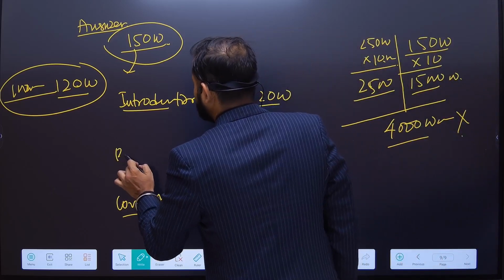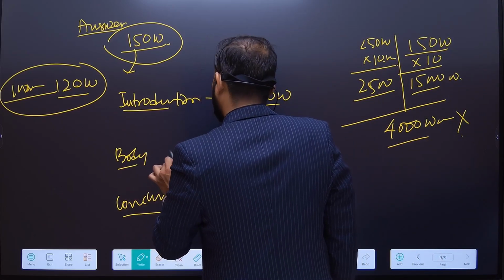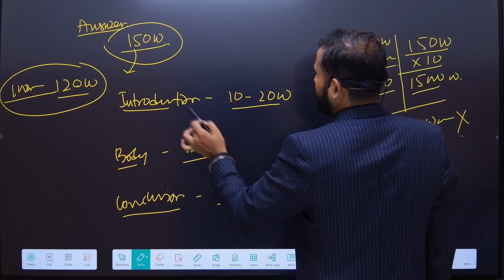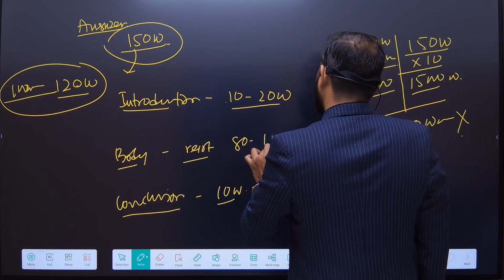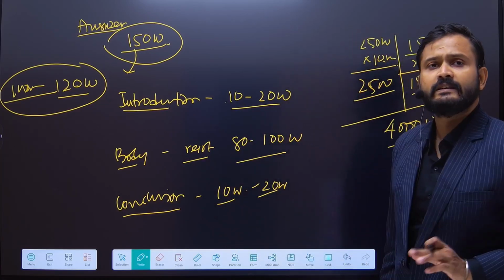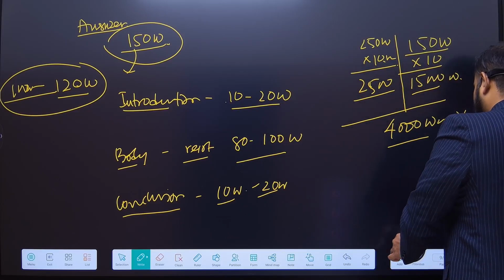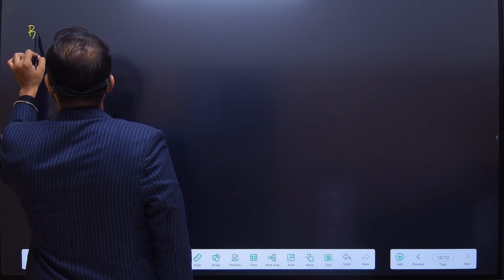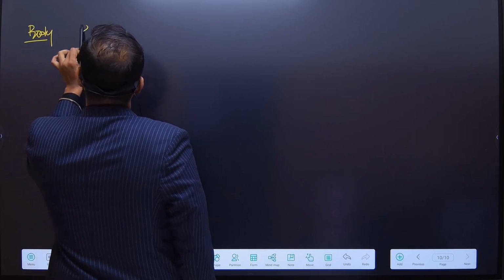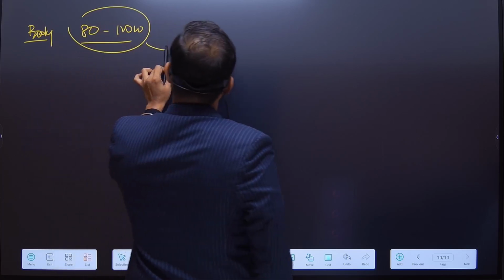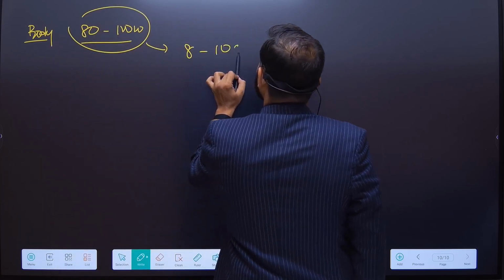And your body, the rest, roughly 80 to 100 words, maybe less. For a question, the body I have already mentioned is 80 to 100 words, roughly 8 to 10 sentences.